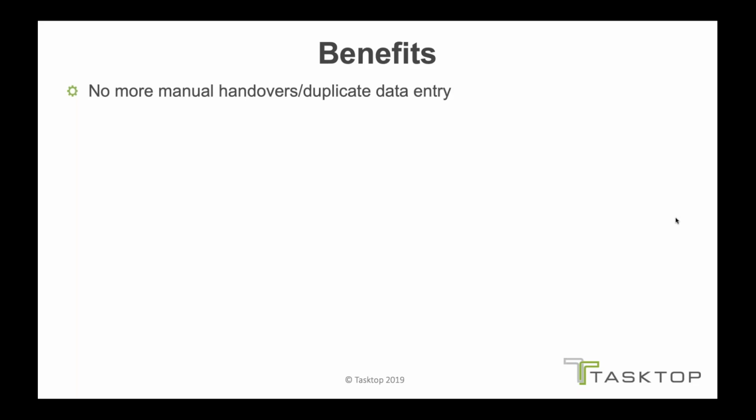You go to your right and get your story on your board, or in whatever format your work comes into the queue, but then you have to turn to the left and re-enter that data again for somebody else to consume it, or for some other reporting or visibility need. So that need to go back and forth, back and forth is one of the biggest reasons for integration, and one of the first reasons that customers actually realize they need integration.